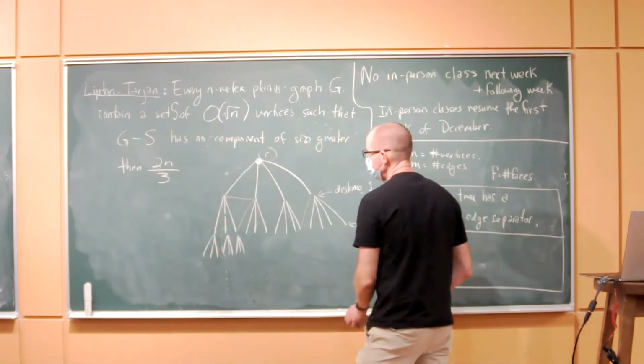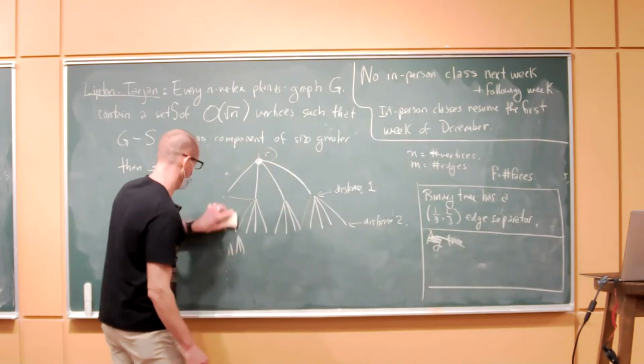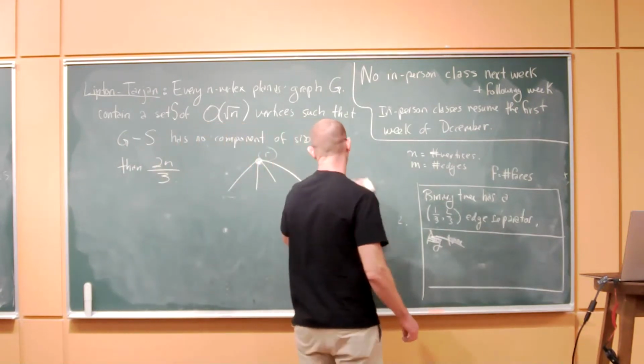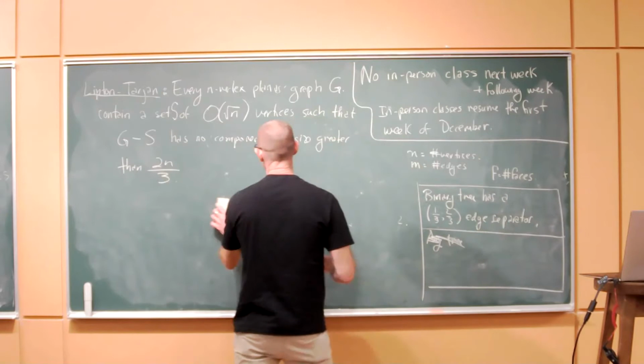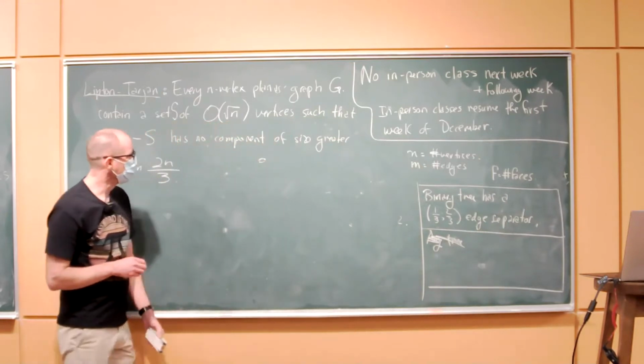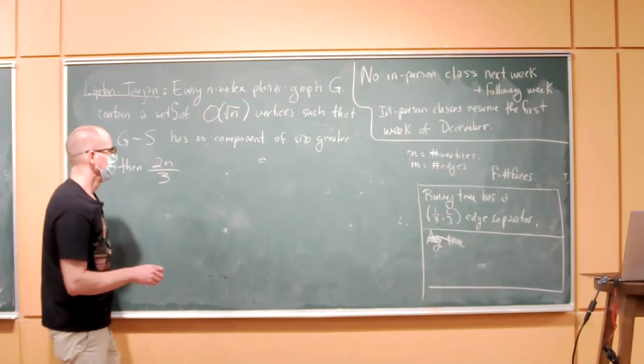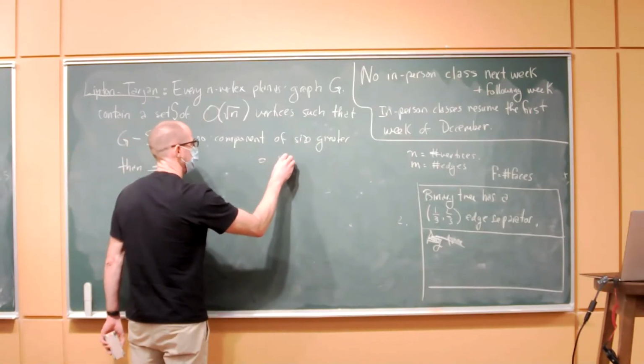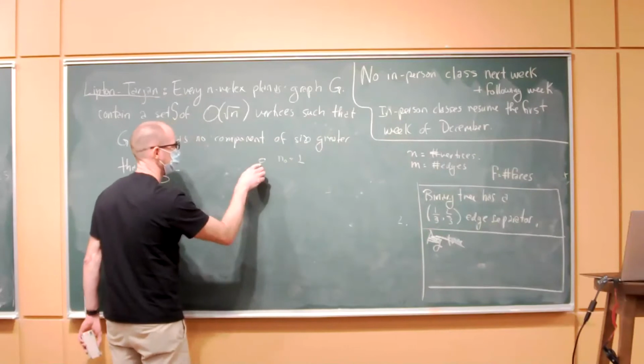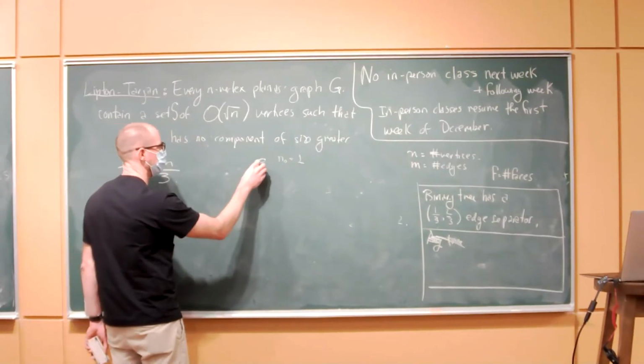So let's draw this thing abstractly and count the number of vertices at each layer. So we have some number of vertices in the 0th layer. That's just 1. It's the root.